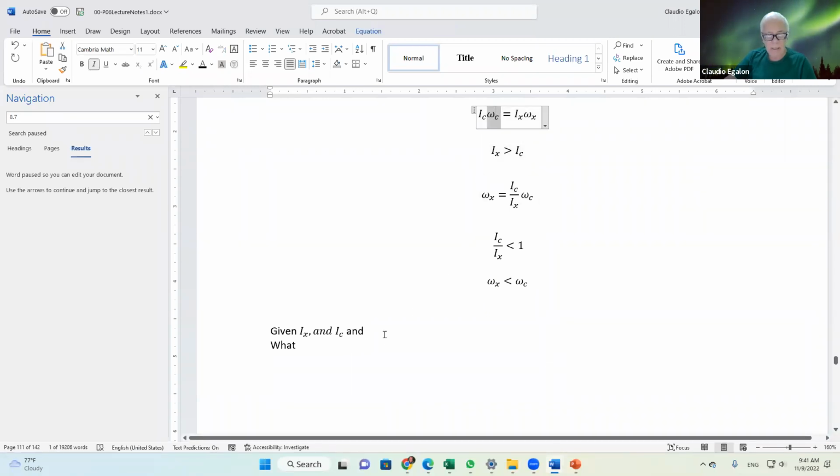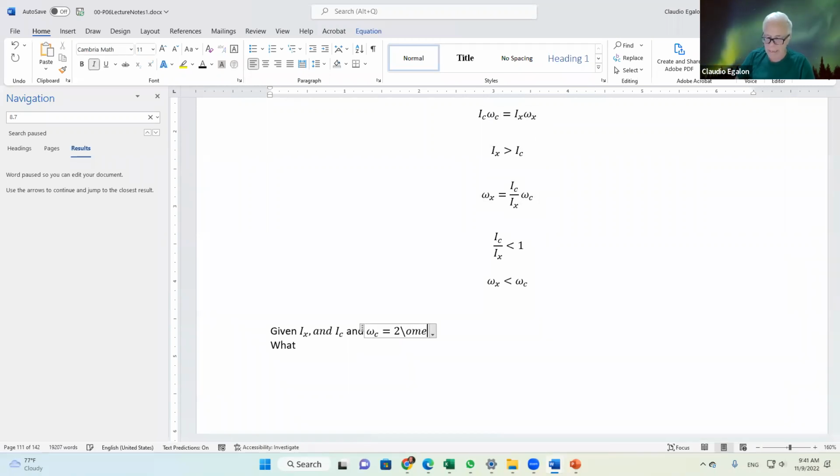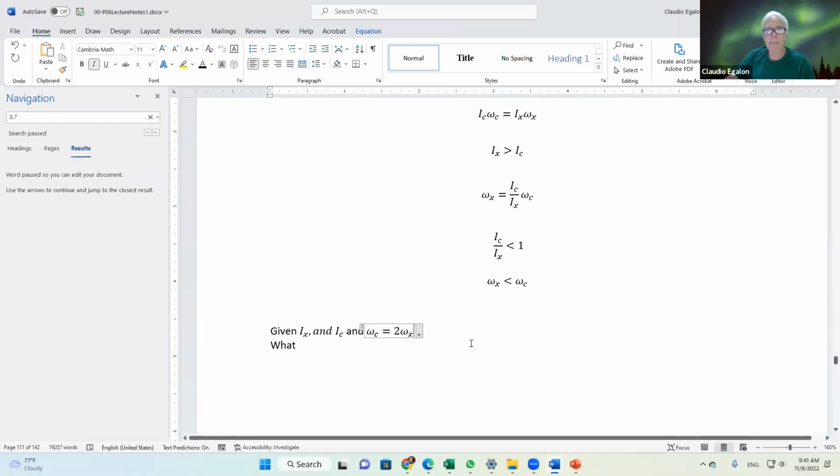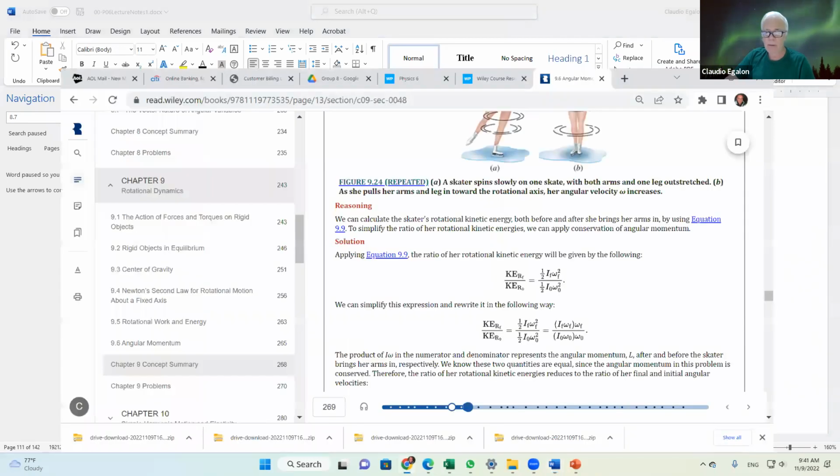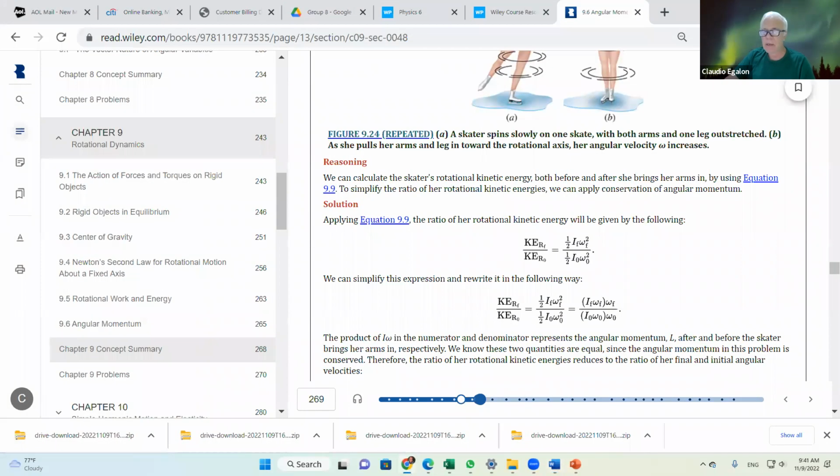Omega C equal to twice omega X, right? Just a different notation here. Find the ratio between, which ratio does he want? The final kinetic energy and the initial kinetic energy.